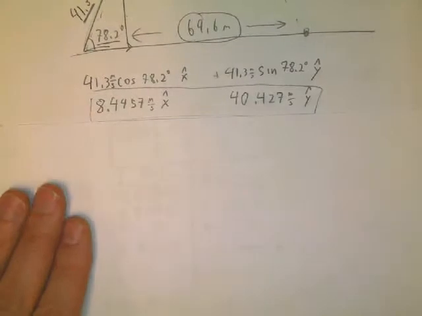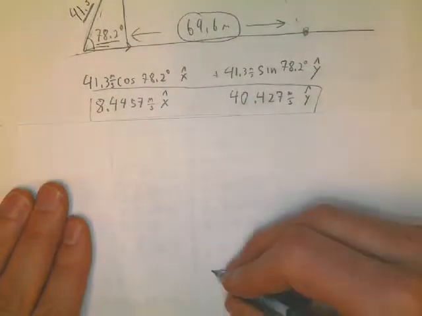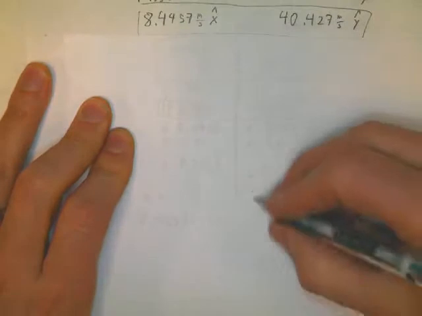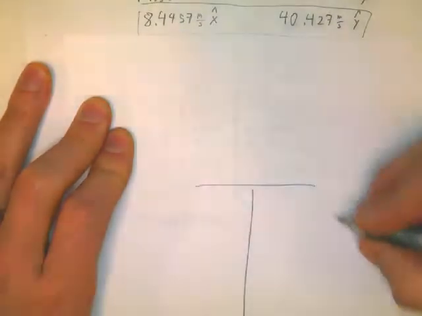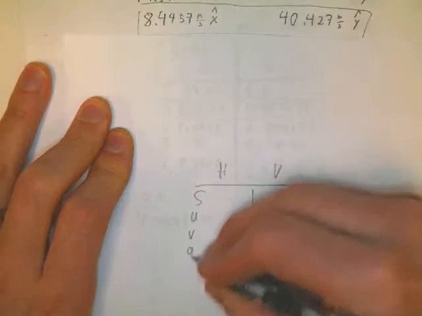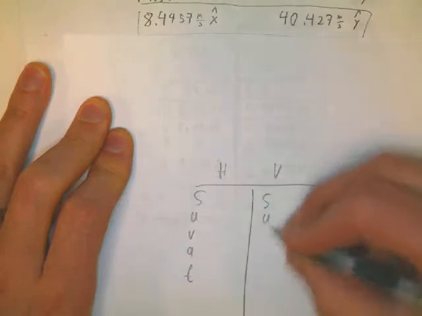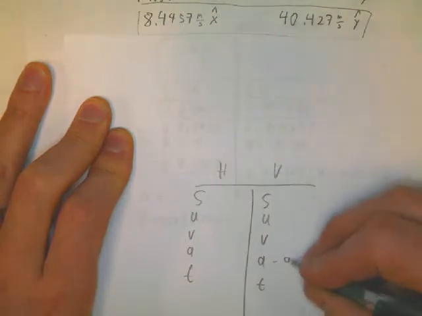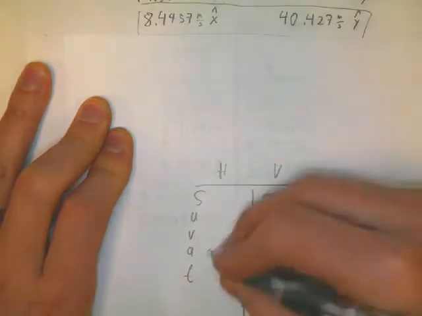Okay, so it's the same launch velocity, so let's set up our horizontal and vertical SUVAT here. It looks like this, horizontal, vertical. Everything is still on Earth, so it's 9.81 down, and this is 0.